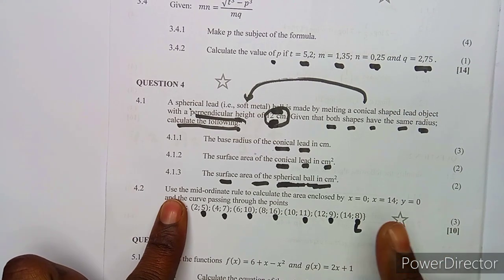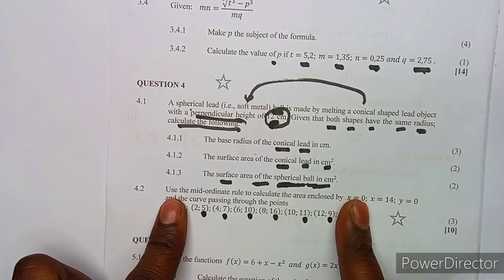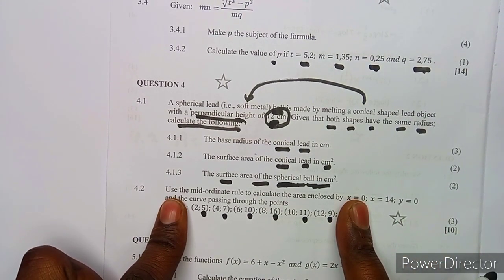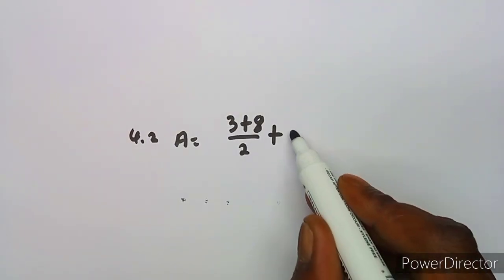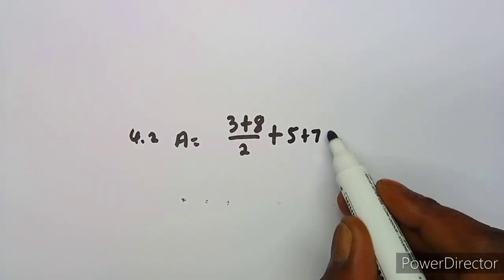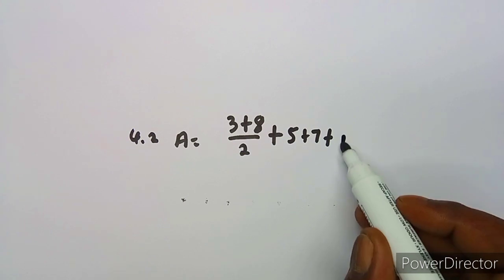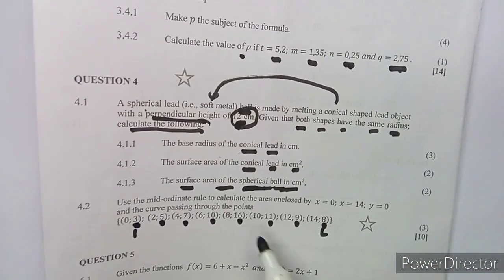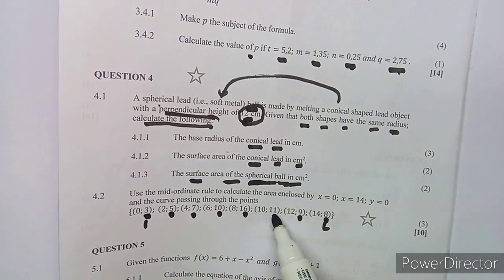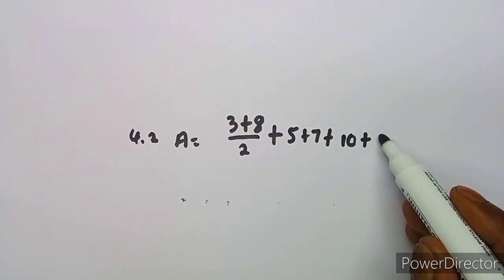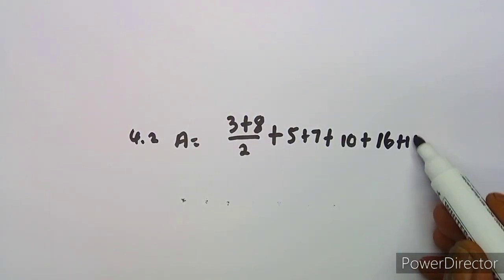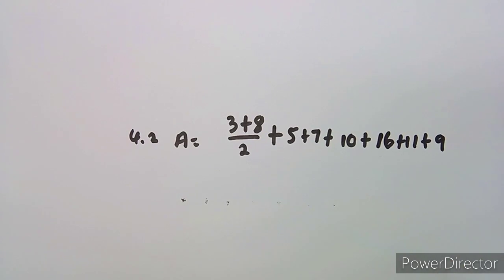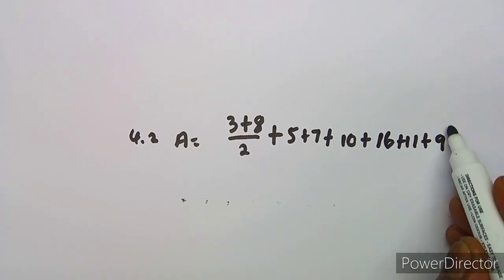So you ignore the first and the last ones. You add these numbers that I indicated, 5, 7, 10, and so on. So it's 5 plus 7 plus 10 plus 16 plus 11 plus 9. So that's what you're going to have actually.